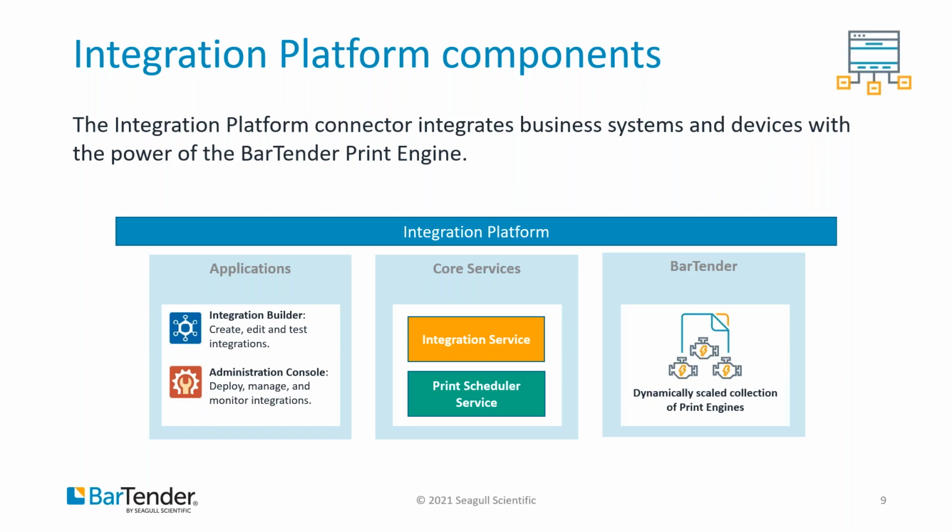Once the integrations are built and tested and all seems fine, you can then use the administration console, a section of which lets you deploy your integration from your workstation over the network to your production server, and also remotely manage and monitor those integrations running on the production server.